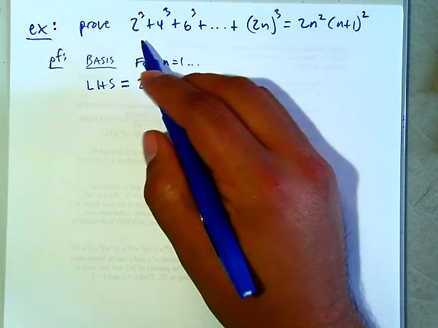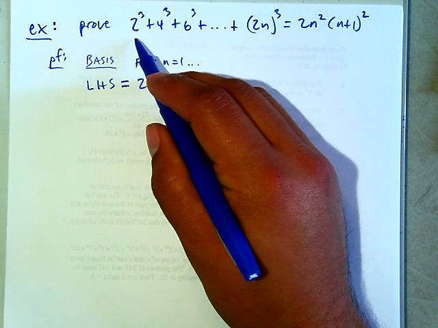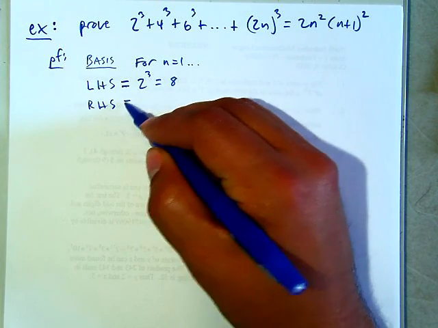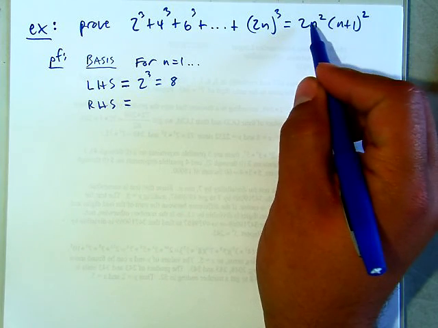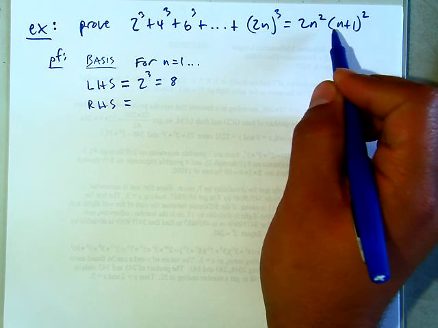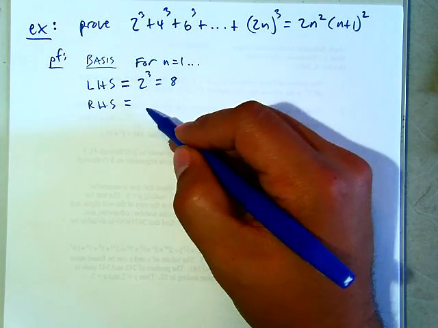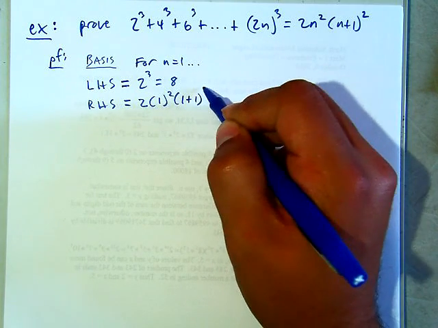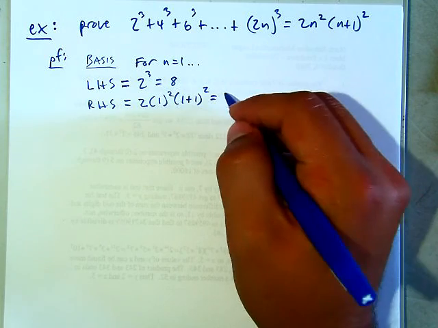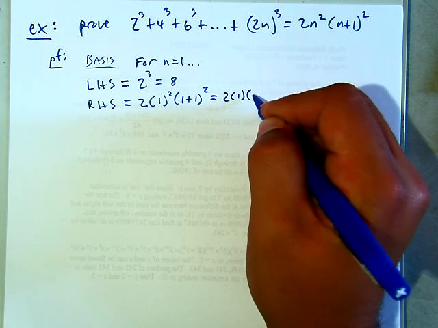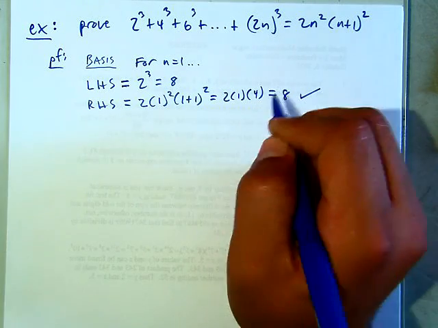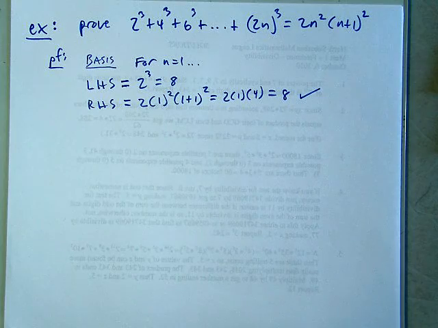So all I'm doing is taking the first term, getting 8. The right-hand side, I should be able to plug 1 directly into this formula, which would be 2 times 1 squared times 1 plus 1 squared. I get 2 times 1 times 4, and sure enough, we get 8 either way. Okay?